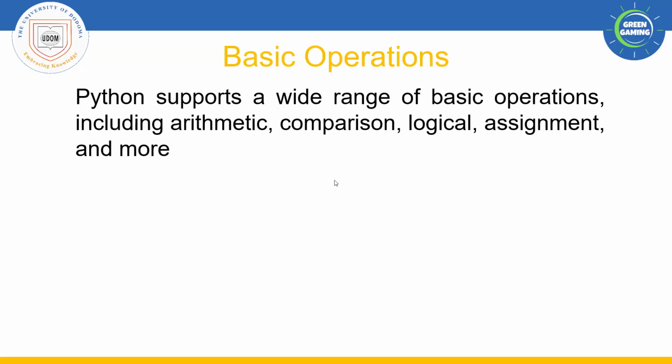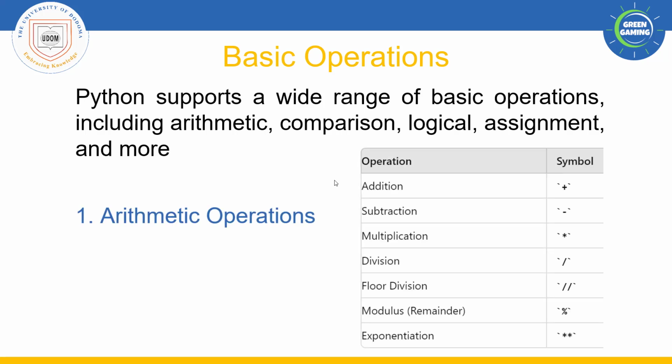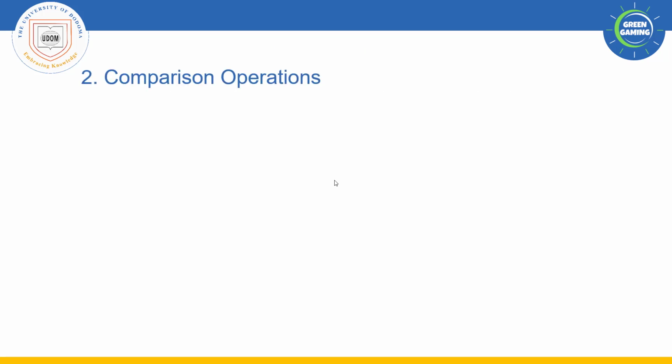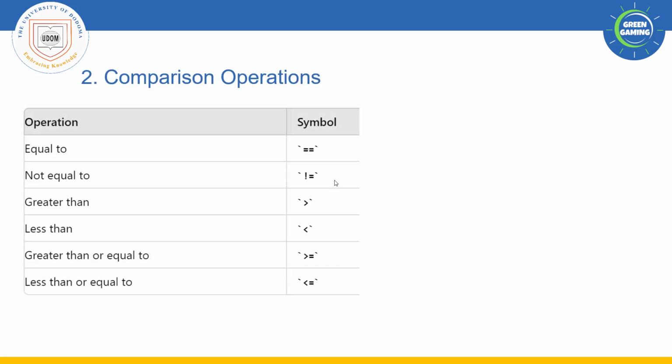So Python supports a wide range of different basic operations, including arithmetic, comparison, logical, assignment, and many more operations. So let's see them. By saying arithmetic operation, this includes addition, subtraction, multiplication, division, floor division, modulus, and any other kind of arithmetic operation. Okay, so comparison operation, this includes equal to, not equal to, greater than, less than, greater than or equal, less than or equal.